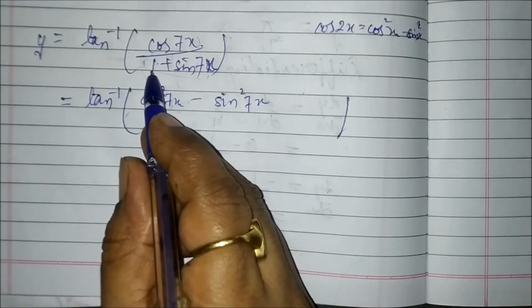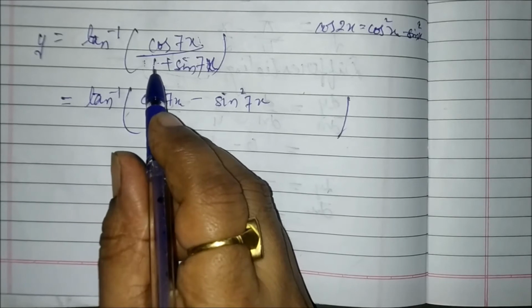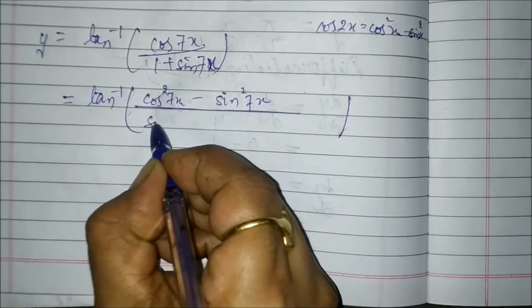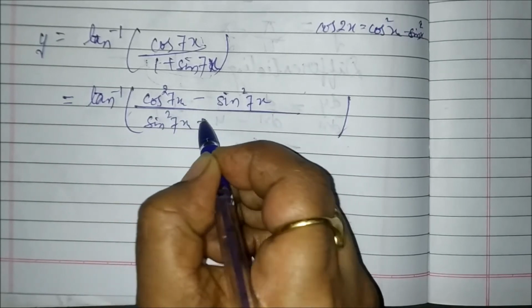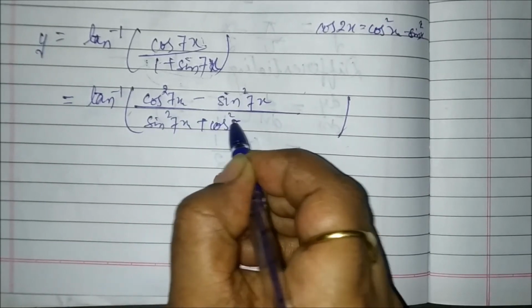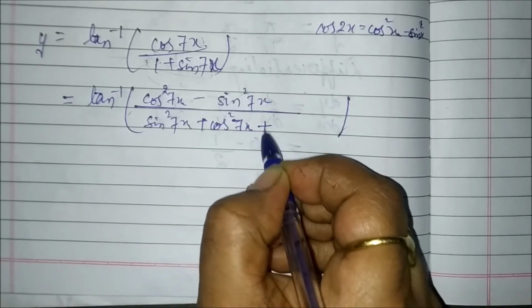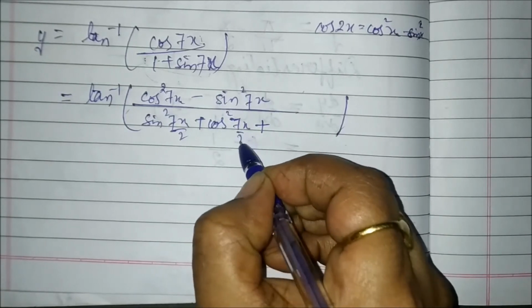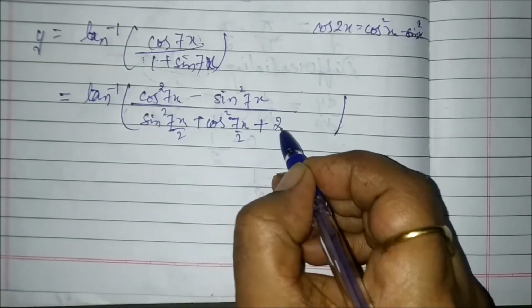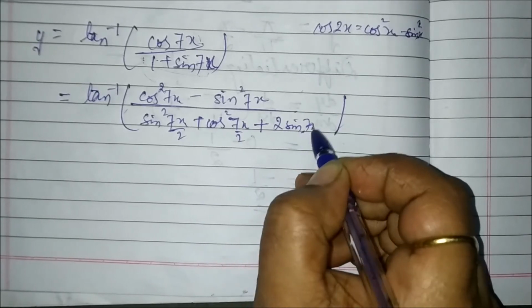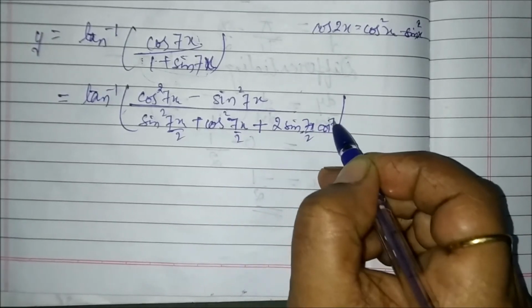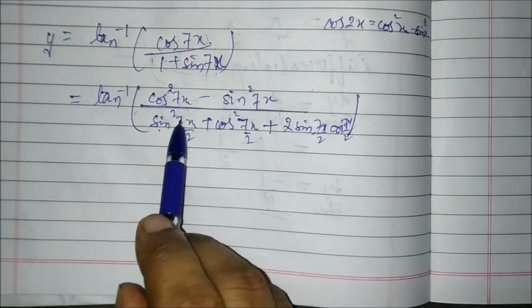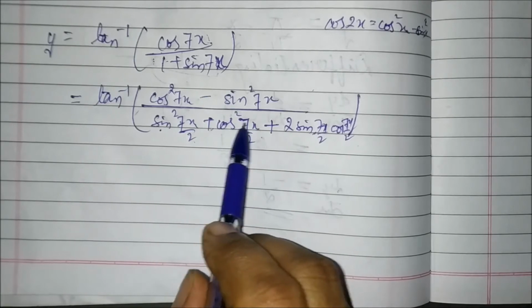So we can write 1 as sin square 7x by 2 plus cos square 7x by 2, plus 2 sin 7x by 2 cos 7x by 2.